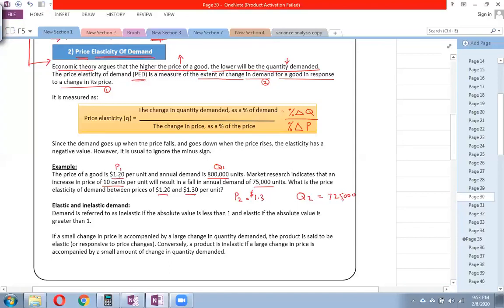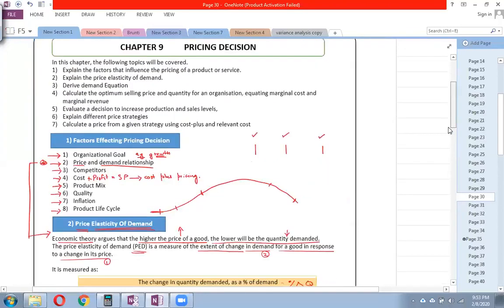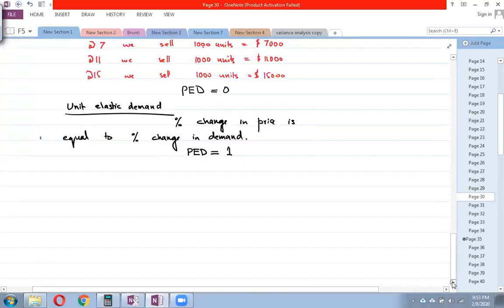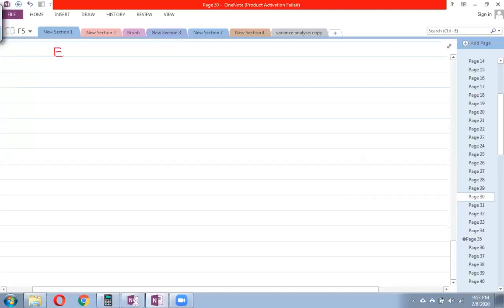I'm simply going to put the figures in the formula. How do you calculate the percentage change? It's page number 29, example. So price elasticity of demand, we said the formula is percentage change in the quantity divided by percentage change in the price.